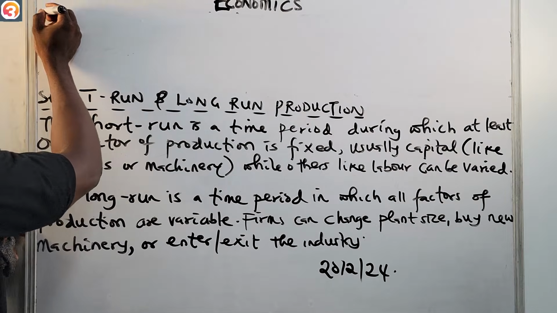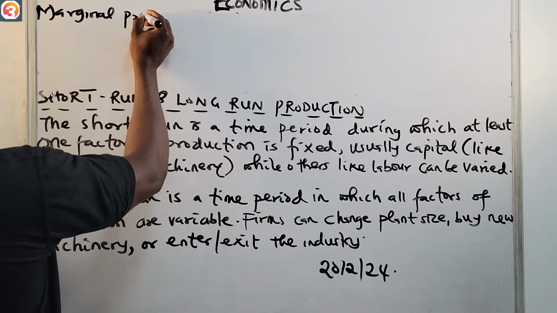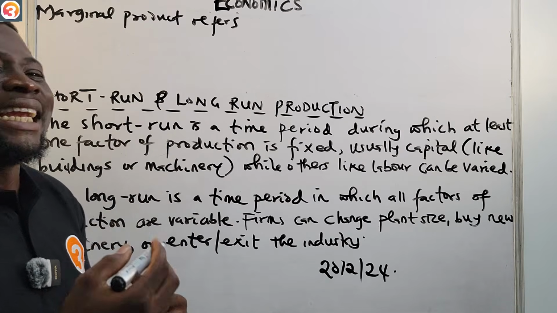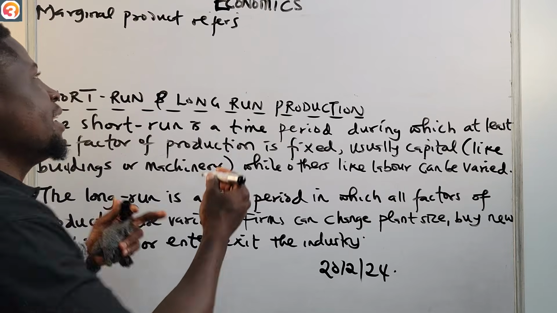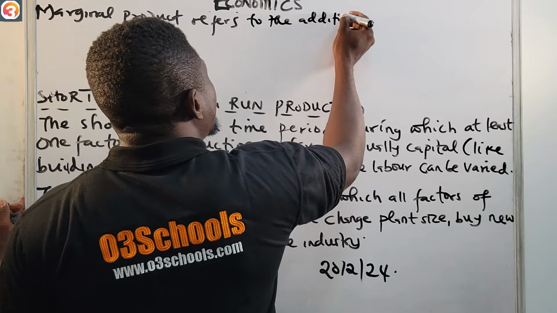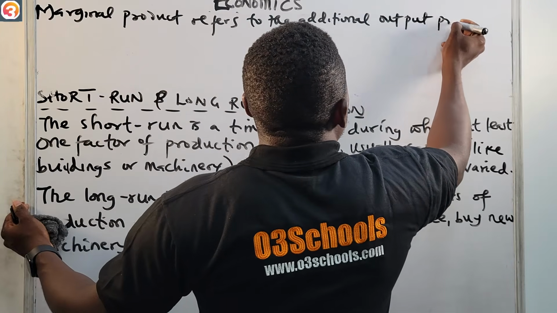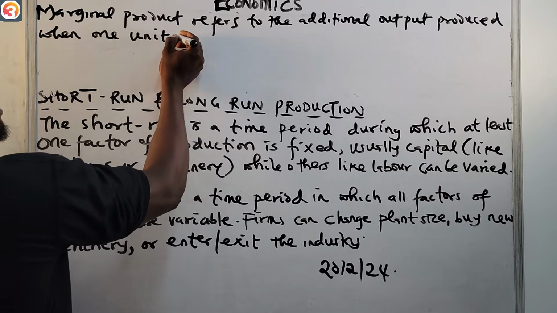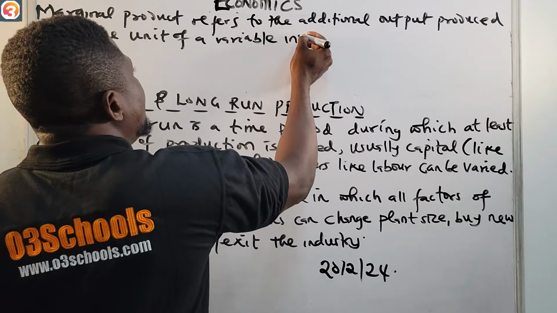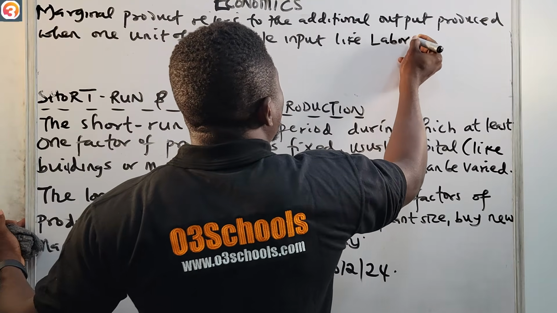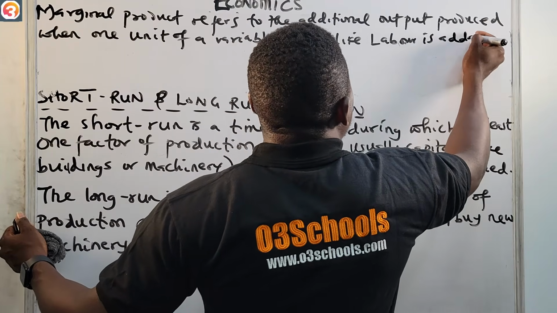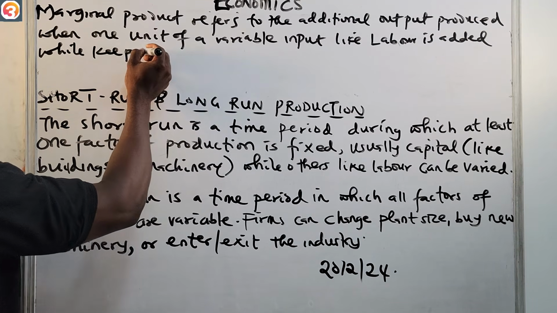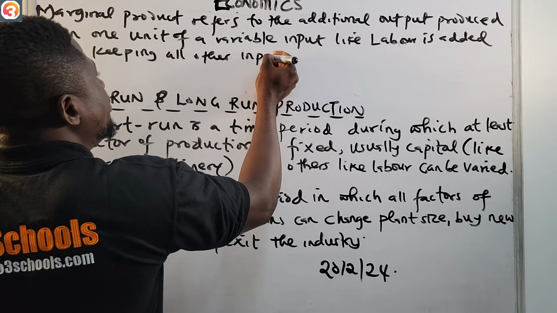Marginal product refers to the additional output produced when 1 unit of a variable input, like labor, is added, while keeping all other inputs constant.